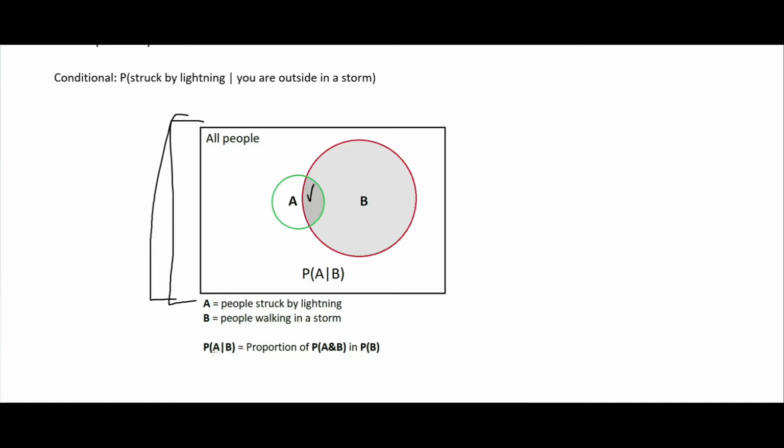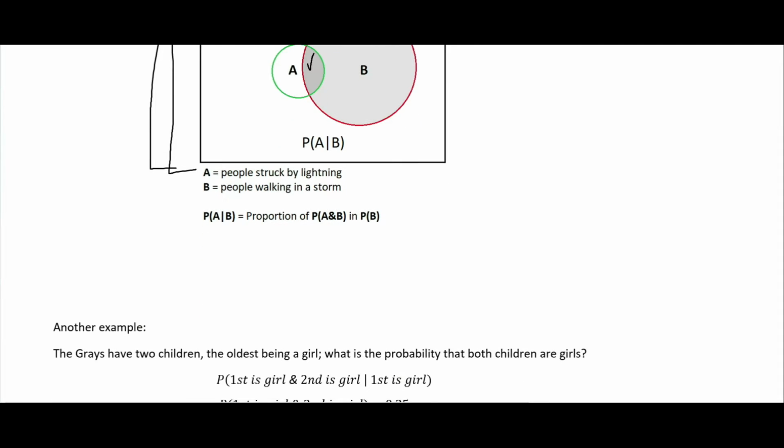And so the probability of A given B is the proportion of P(A and B) in just B here. And so we see how having the given here is sort of collapsing down, getting rid of a bunch of people from our denominator. It's really reducing our denominator in the proportion here.